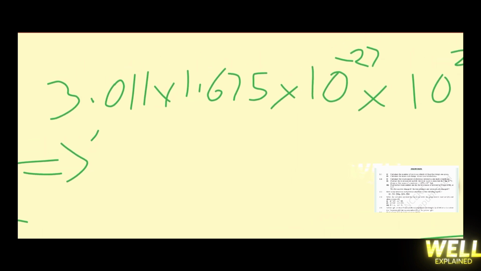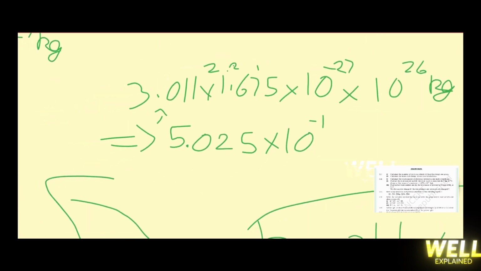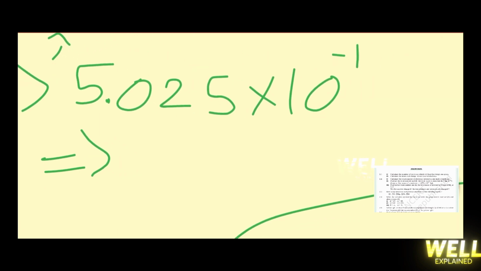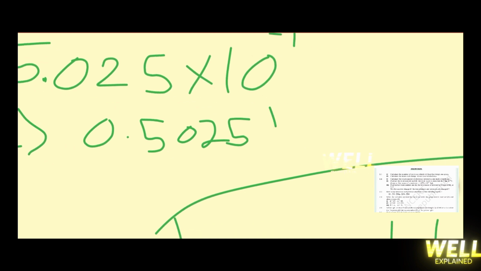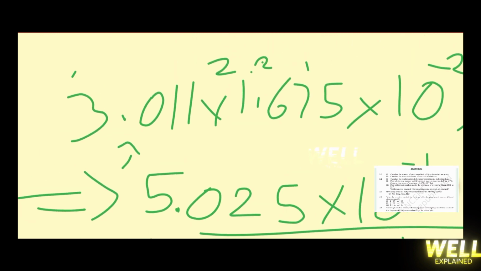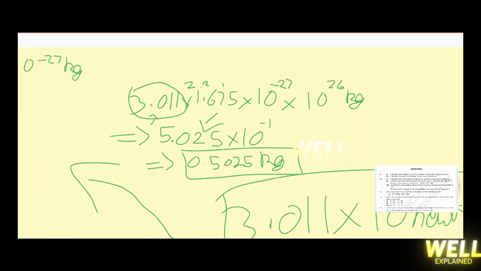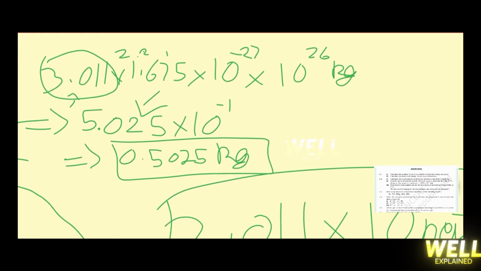Okay, so I am rounding it off to 3. 5 threes are 15, into 10 to the power minus 1, which will be equal to 0.5025 kilograms. Keep in mind that I have rounded off, so the answer might not match with these decimals. You can calculate it by yourself.